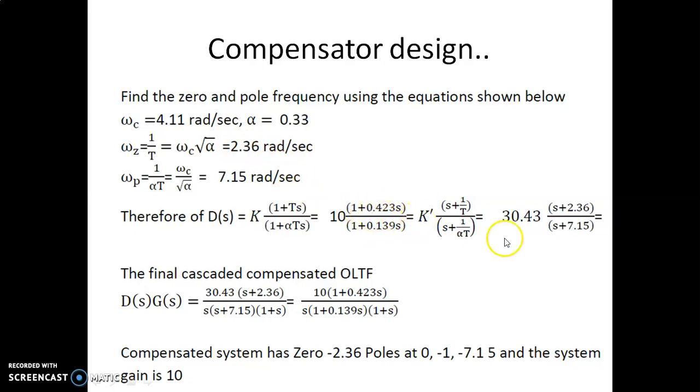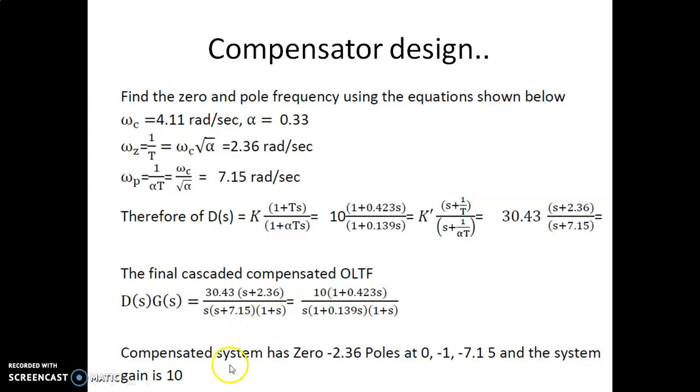So this is a time constant, and this is the pole-zero representation. You can see this is the final cascaded compensated open loop transfer function, where you have both. Now this is 10 divided by s into s plus 1. This 10 is K, and s into (s plus 1) is your G(s), and this particular zero term and this particular pole term happen to be for the phase lead compensator.